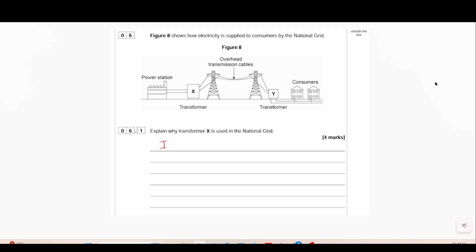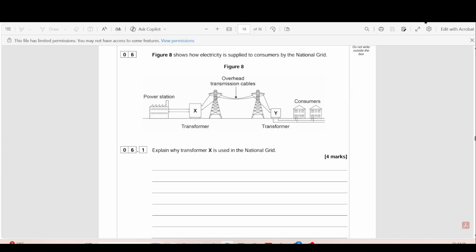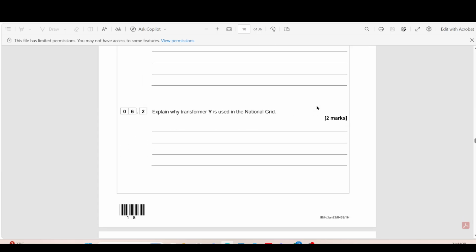Okay. Explain why transformer Y is used in the national grid. Transformer Y steps down the voltage. Yes, transformer Y will decrease the potential difference. So for a safer value, it is used, right?